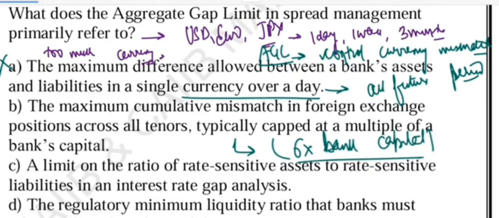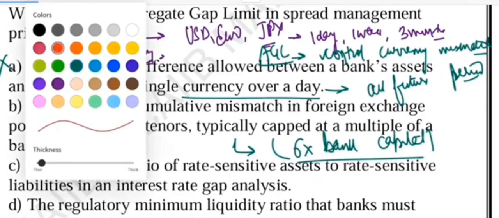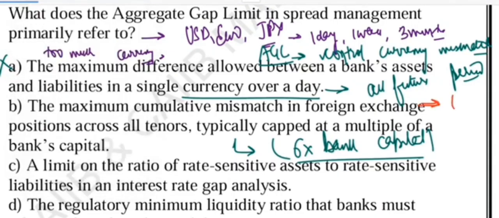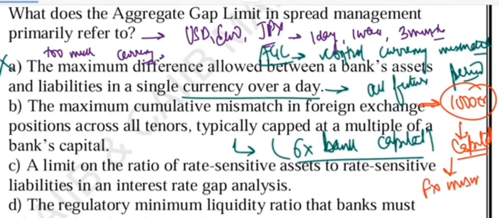Let me give you one example to make this concept more clear. Suppose a bank has 1000 crore in the form of capital. So it cannot have FX mismatch beyond 6000 crore.